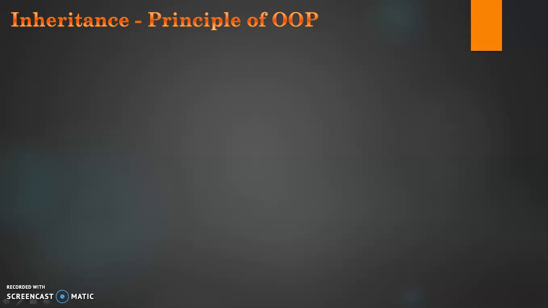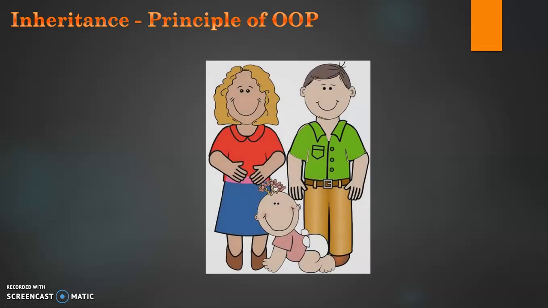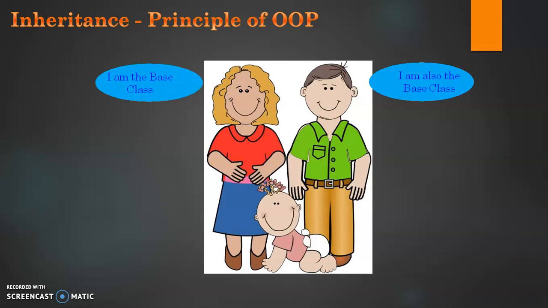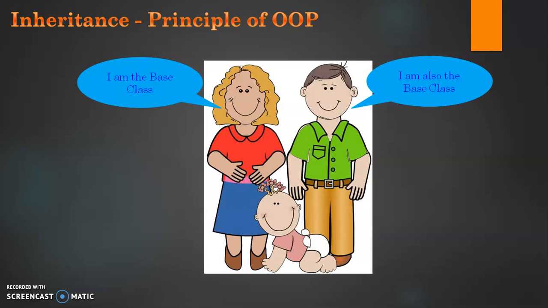Let's understand it with the help of a real world example. Consider a family. In a family, a child inherits characteristics from parents. So, these parents are the base class and this child is the derived class.